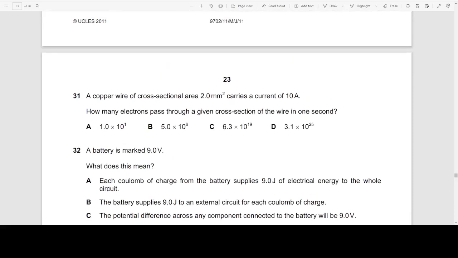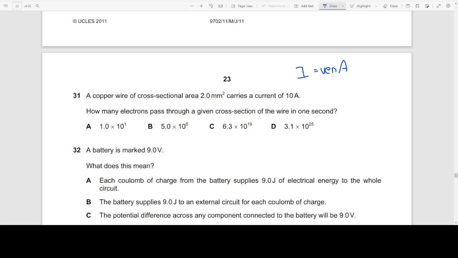A copper wire of cross-sectional area this carries a current of 10 amperes. How many electrons pass through a given cross-section of the wire? So we know this formula, I equals VENA, where N is the electron density, sorry.